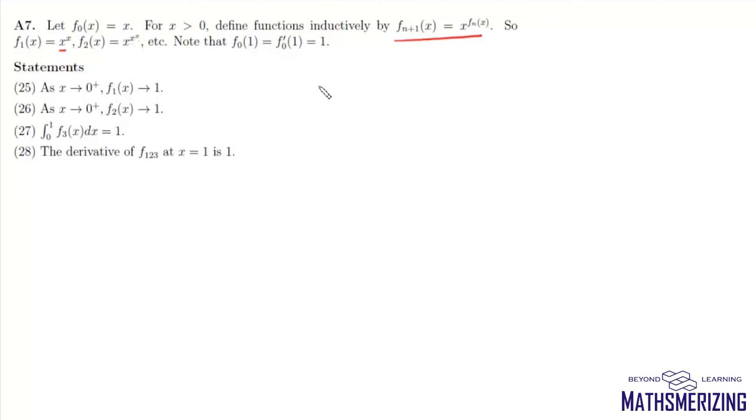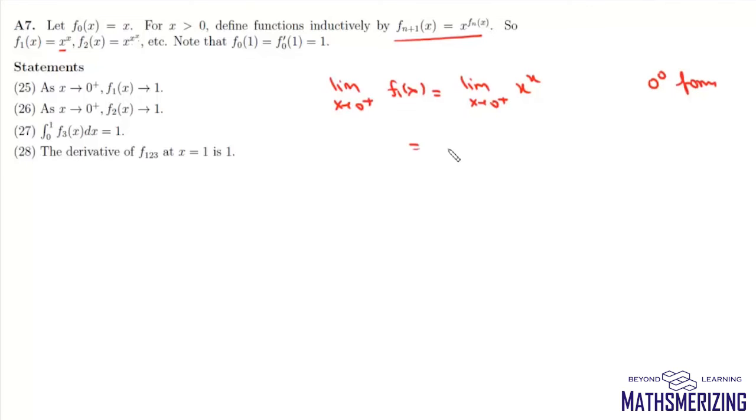Now this first one is as x tends to 0 positive, f1(x) tends to 1. So we have defined this limit x tends to 0 positive, f1(x), and f1(x) is x to the power x. So it will be this limit x tends to 0 positive, x to the power x, which is 0 to the power 0 form.